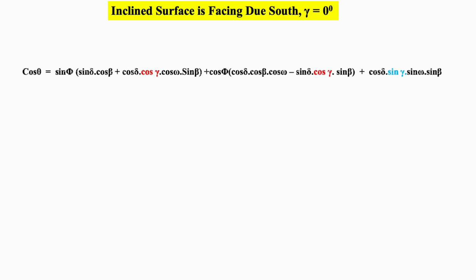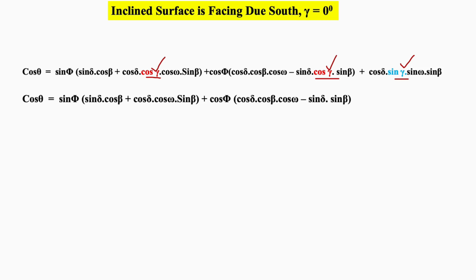Next one is the inclined surface which is facing due south. So a certain inclination beta is there, having some value between 0 and 90 degrees, but it is facing due south. For that surface, the equation is again reproduced here. Terms of the cosines and sines containing the angle gamma are highlighted. If you substitute the value of gamma here, then the new equation comes out to be cos theta is equal to sin phi within brackets sin delta cos beta plus cos delta cos gamma sin beta, because here cos gamma is cos 0, which is 1.